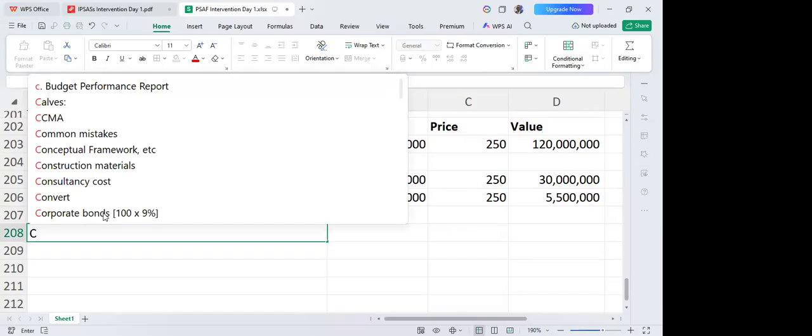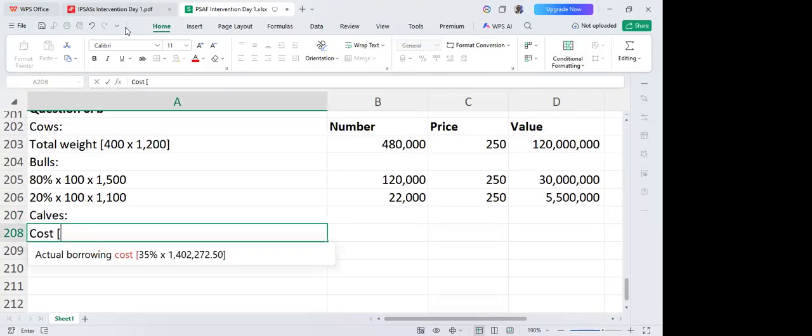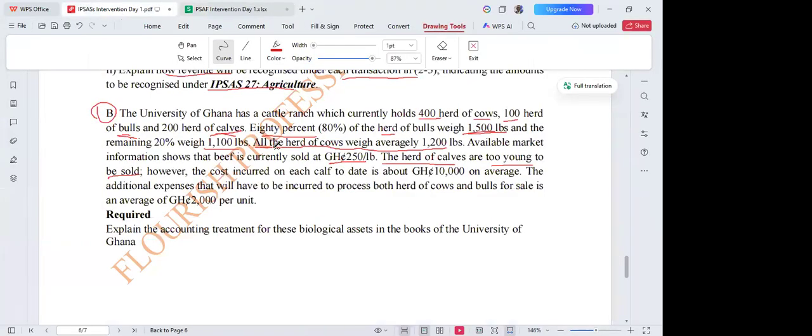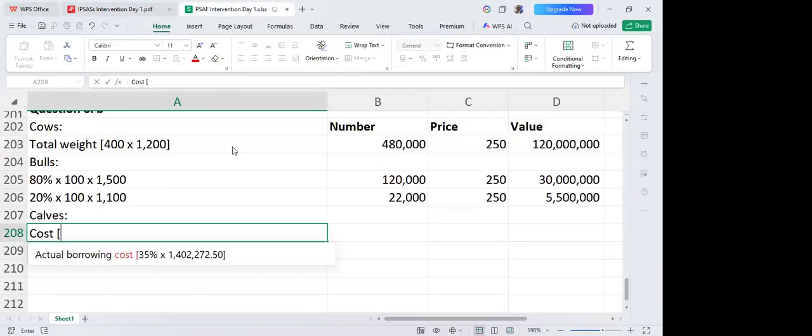You have to determine the cost, and if there is depreciation, you deduct it. We're told that the cost incurred on each calf is 10,000 on average. So they have given us the cost on each calf. We need the number of calves, which is 200. So we bring 200 times the cost for one, which is 10,000.